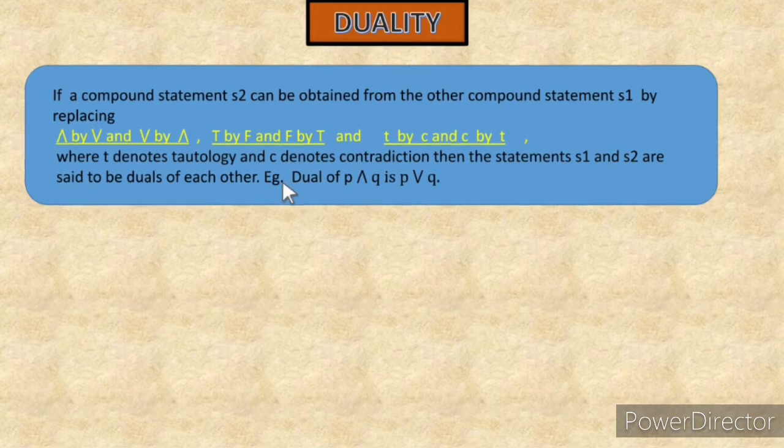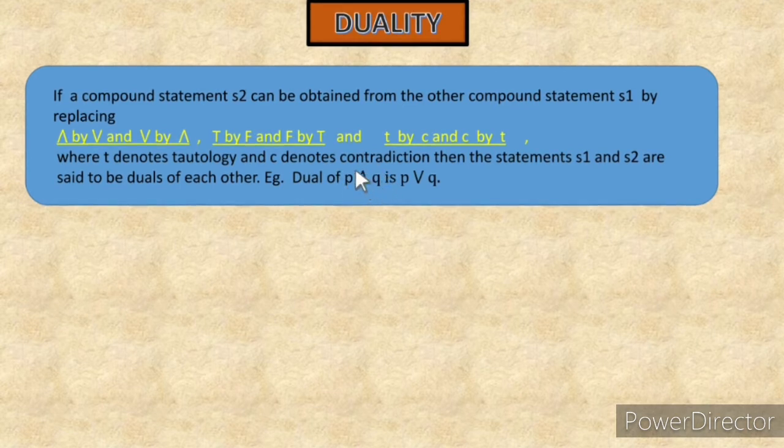Clear? Let us see the example. Suppose you are given a statement, say P and Q. Now, in this only the connective 'and' will be replaced by 'or' to get the dual of it. Very simple.